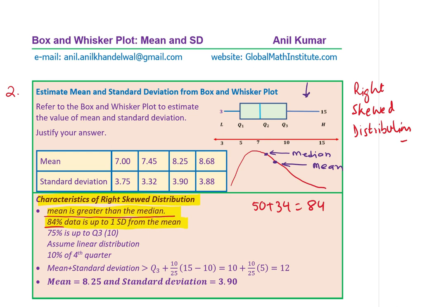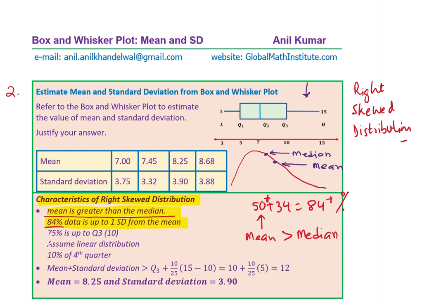So the median is 50, so the mean will be greater than 50, right? Median is the 50th value. Mean is greater, so 50 plus, this will be slightly more than 84%. You get the idea, right? So if you translate that into percentile, then that is how you could do it. And that is a way to easily do it.